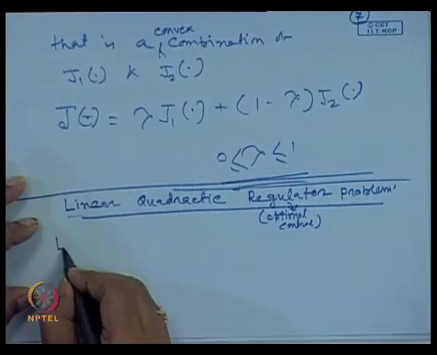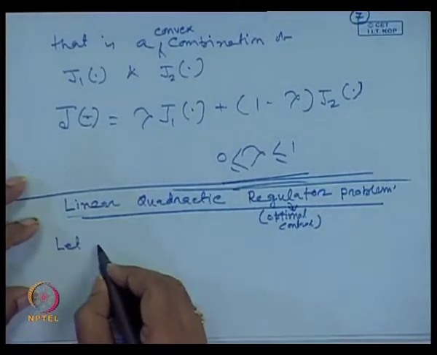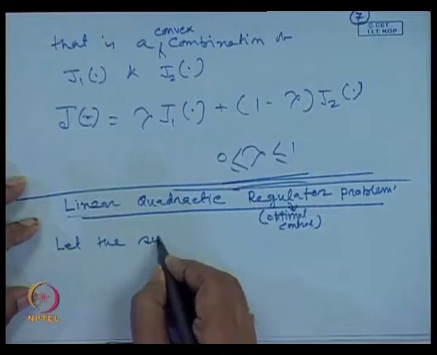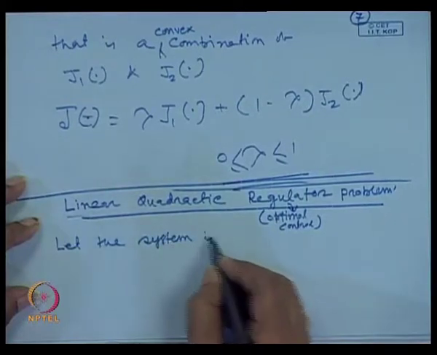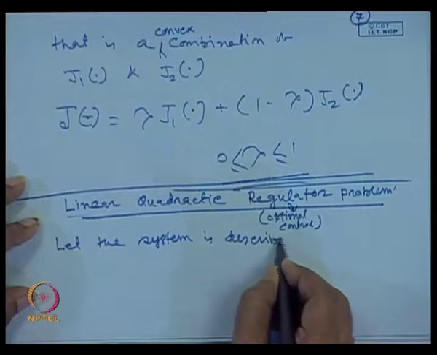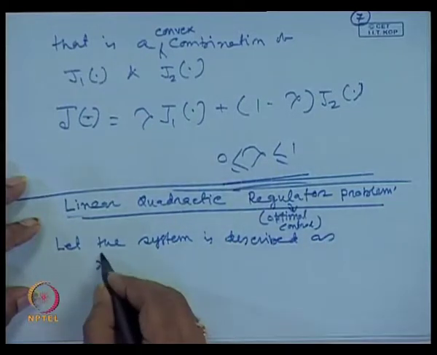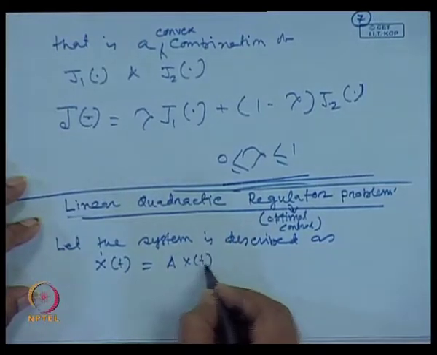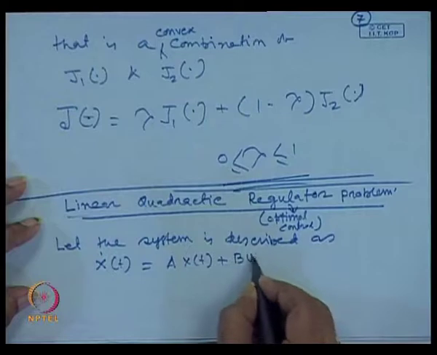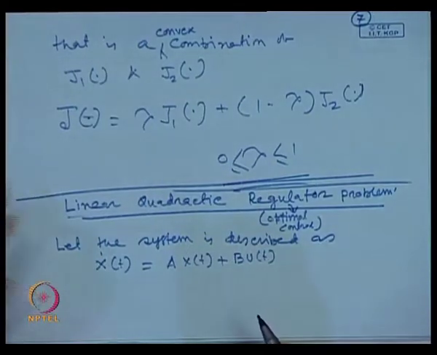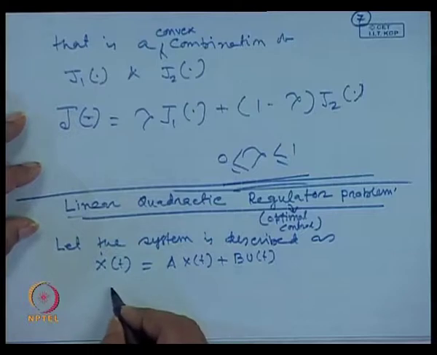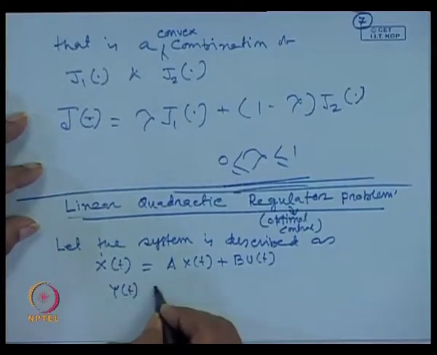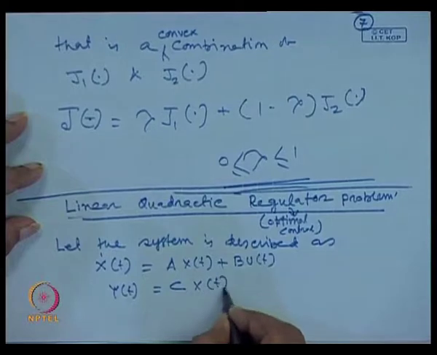So, describe the system equation like this. Let the system be described as x dot = A x(t) + B u(t). Agree? And y(t) = C x(t).